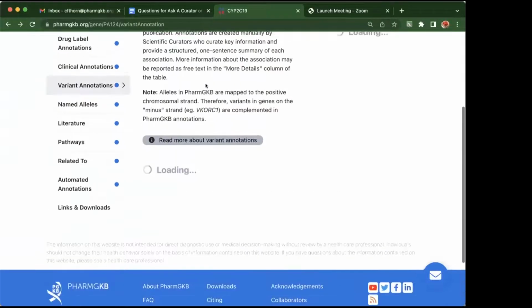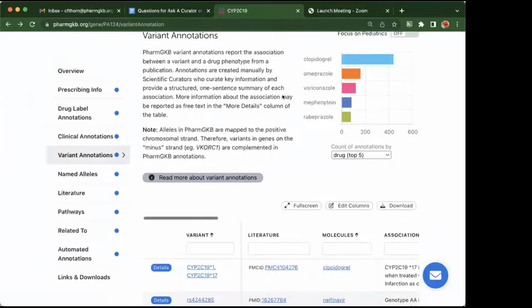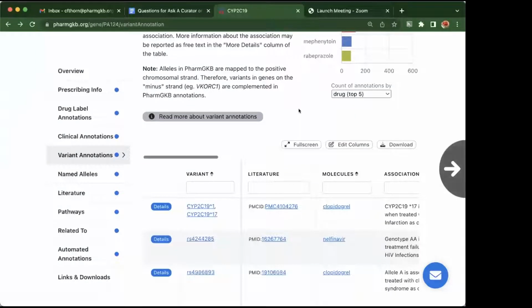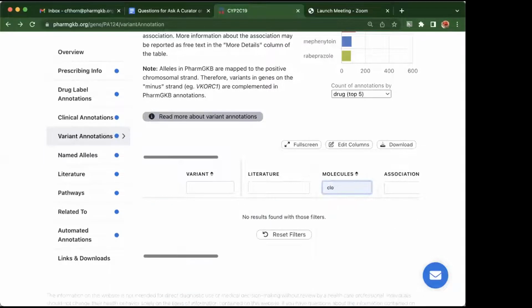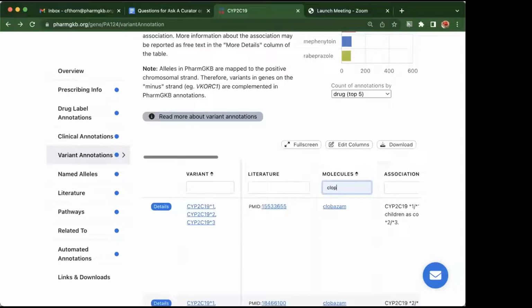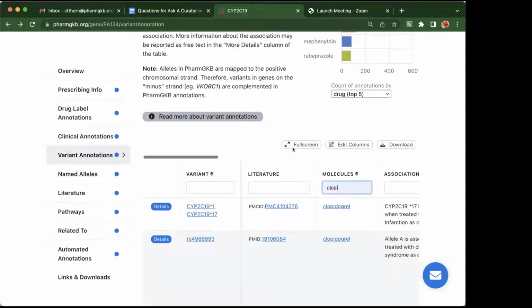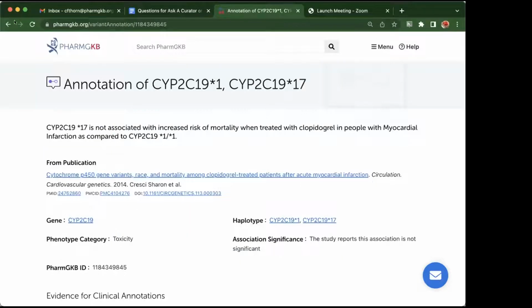You can limit this by saying I'm only interested in, let's say, the most famous drug for this gene, and let's spell it right too, that you only want to see clopidogrel ones.